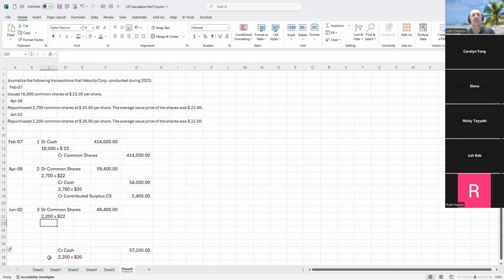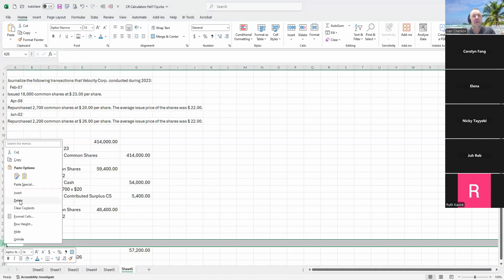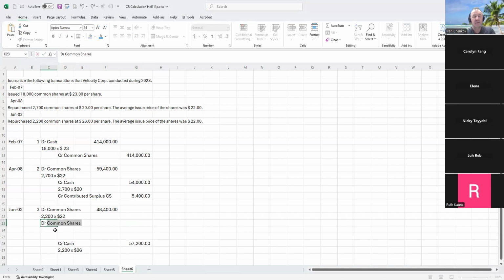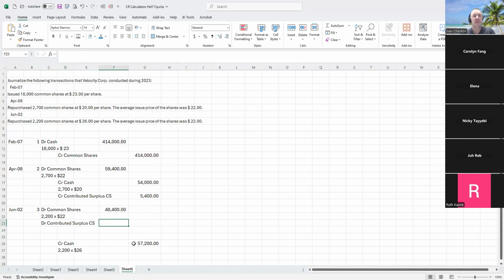So we have to start debiting. Debit contributed surplus, common shares. How much? We're gonna wash out everything, right? Is that gonna be enough? No. Then we debit retained earnings.